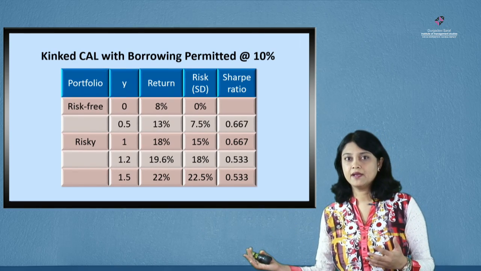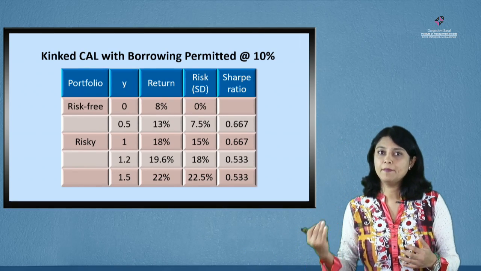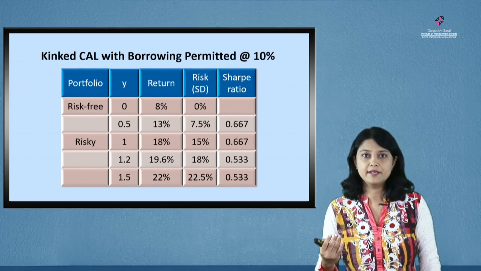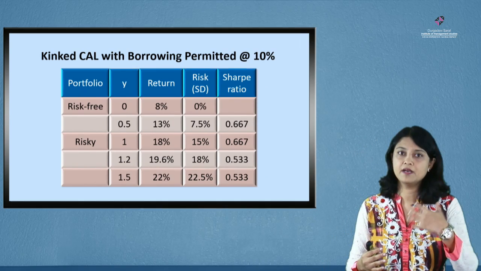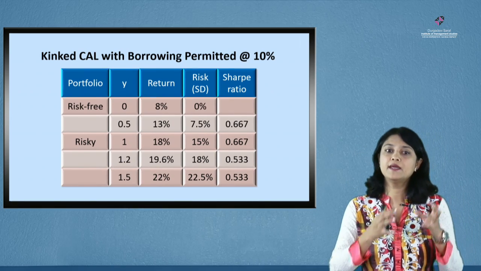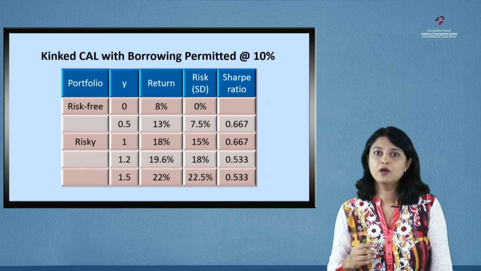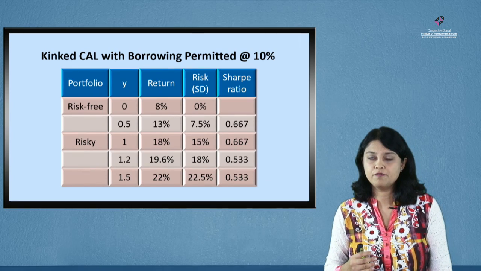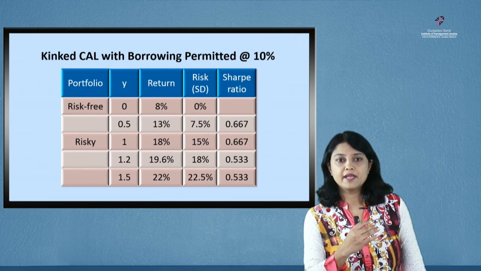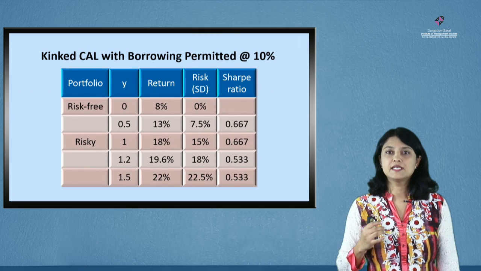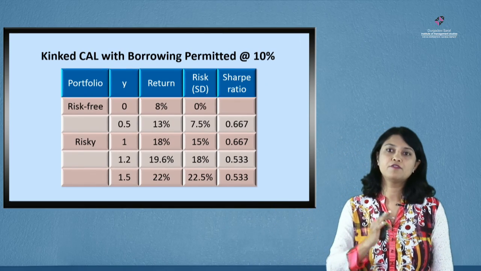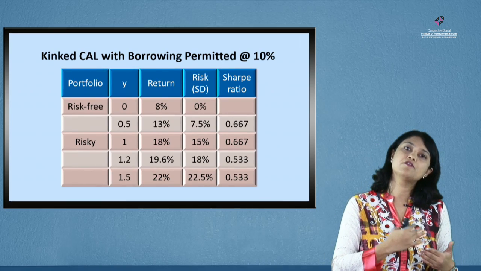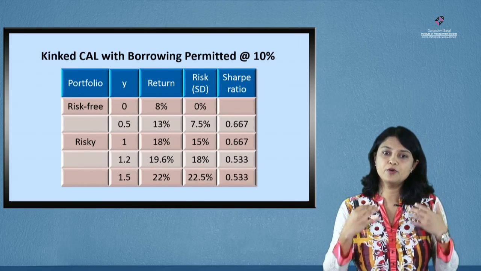On this 20% I have to pay back the interest. I have assumed here 10% to be the interest rate. So I will be paying 10%, but I will be earning 18%. So I will invest the entire 1.2, that is 120% of my capital, into the risky asset. And the last row shows you the combination for 1.5, that is 50% of your capital being borrowed.